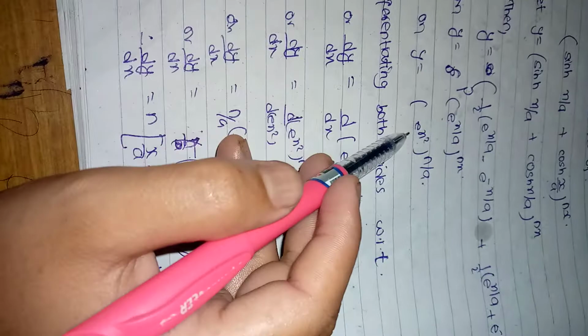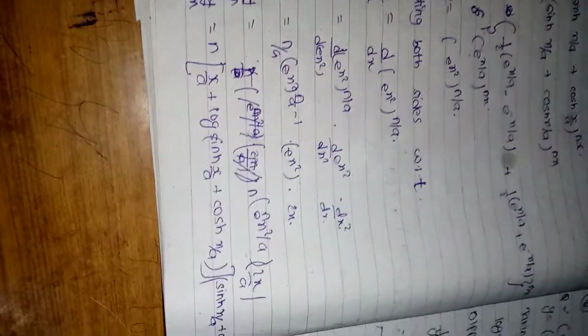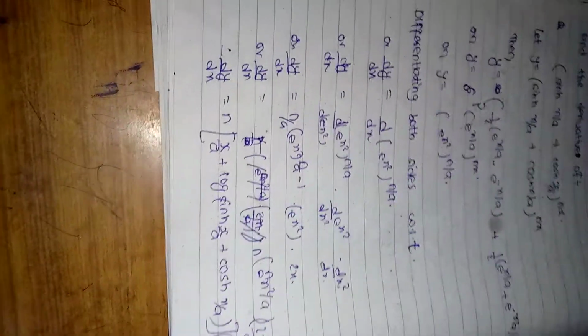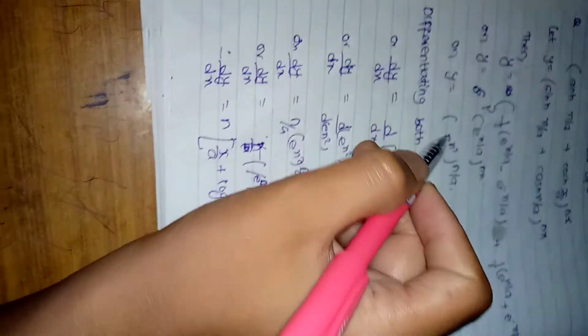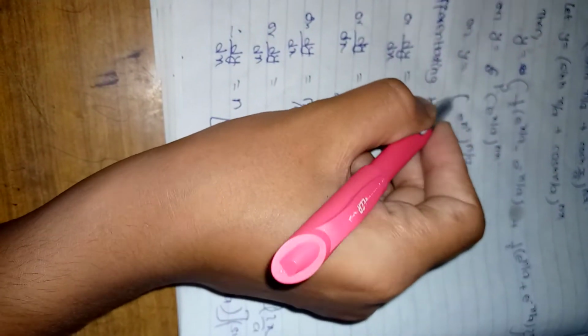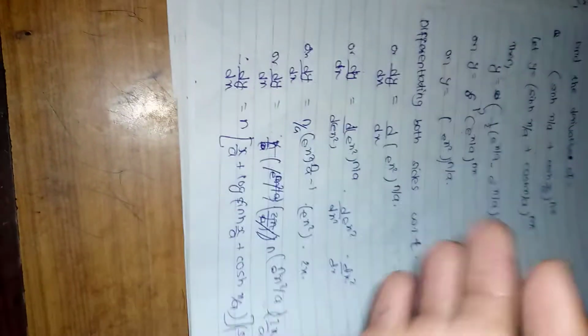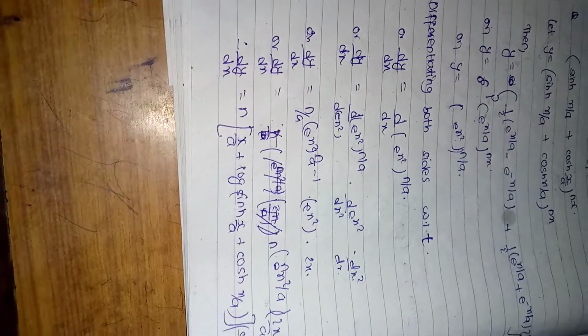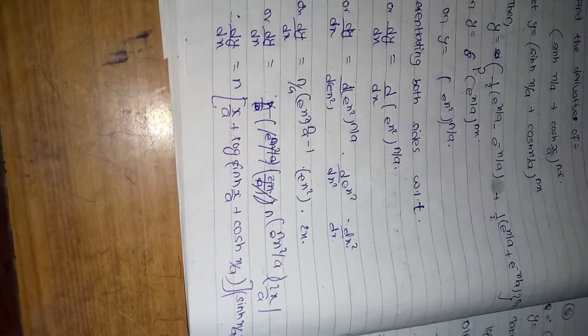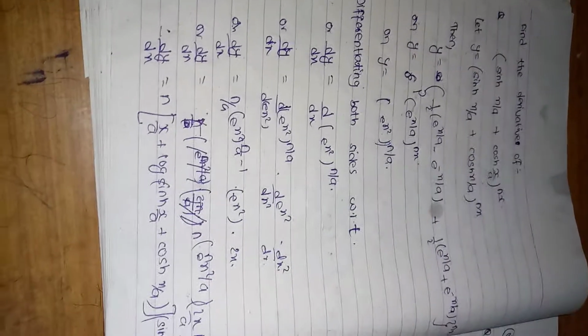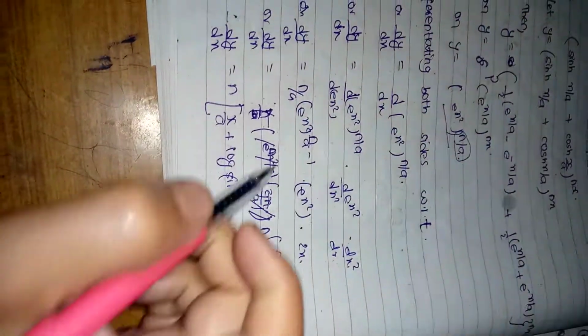Now we are going to make it able to use power rule. So the term inside the bracket is variable, and the term that is in the exponent of this expression is constant, so we can use power rule.